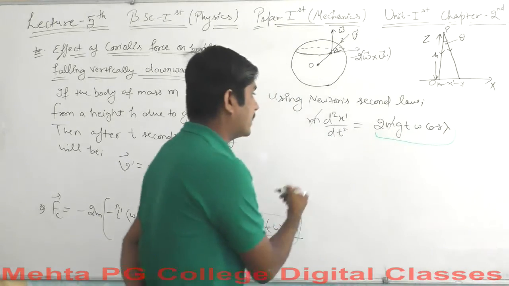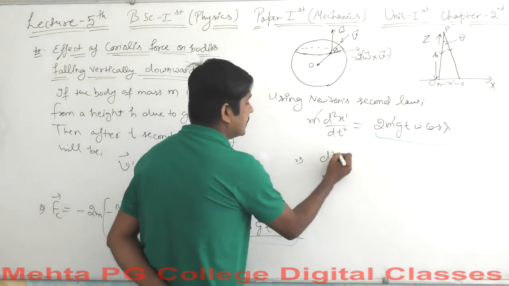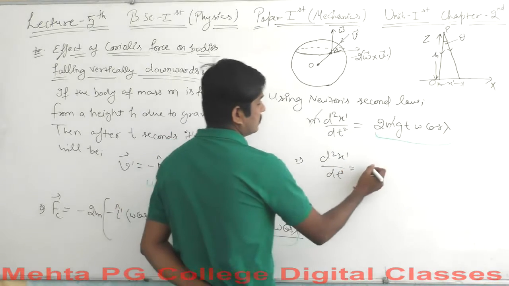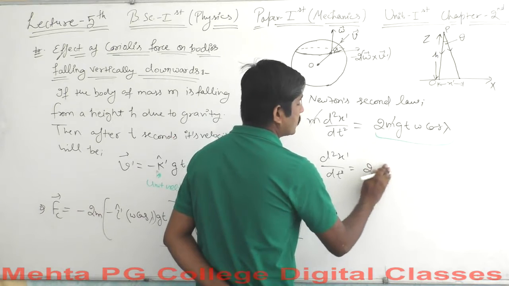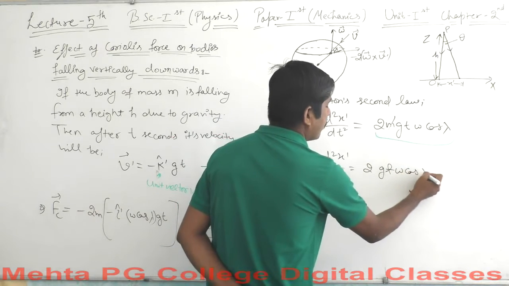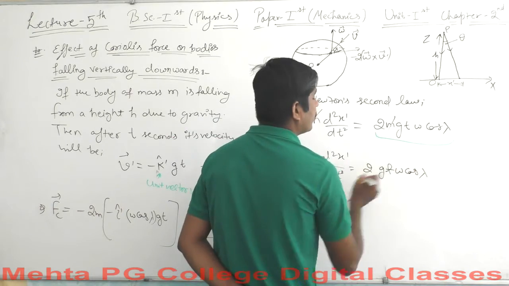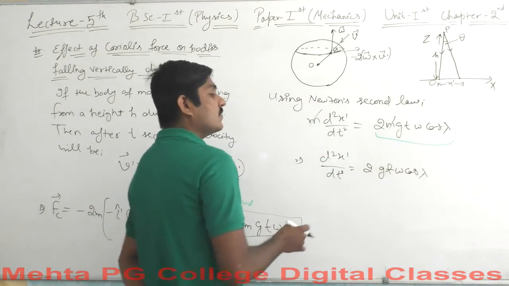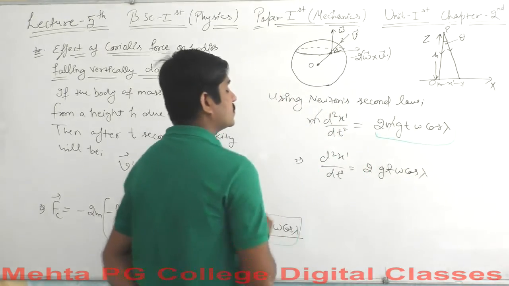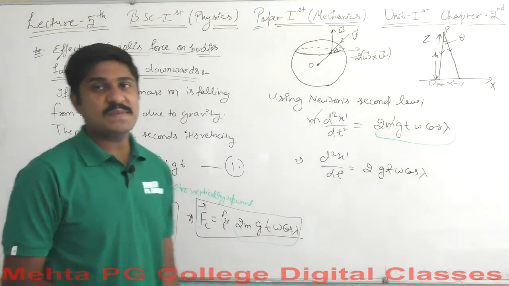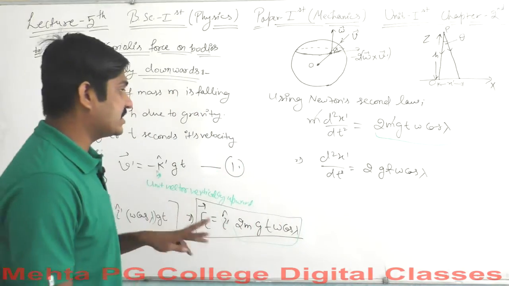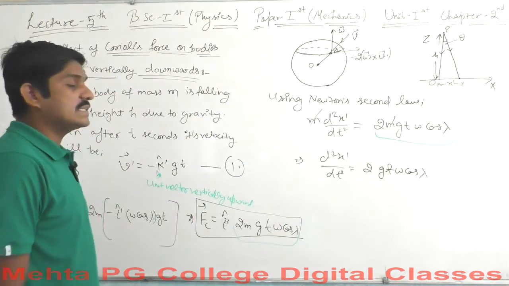The m has been cancelled out, since it was multiplied on both sides, so this is the acceleration. d2x dash over dt square is the acceleration.